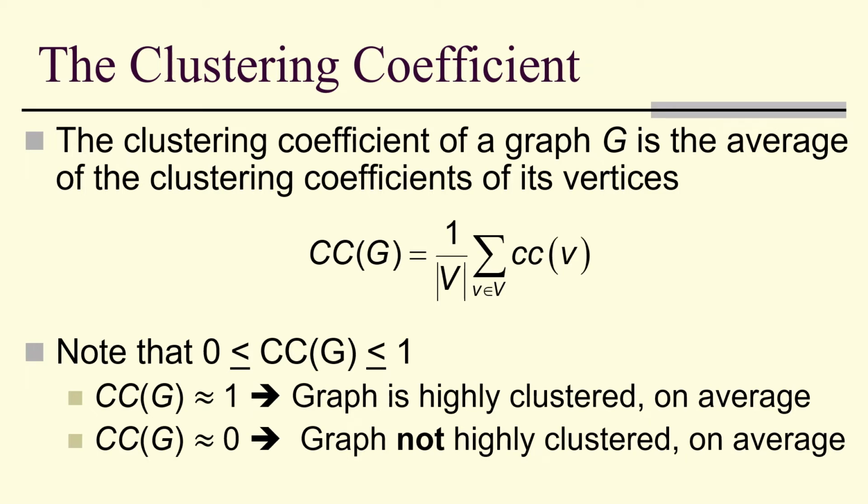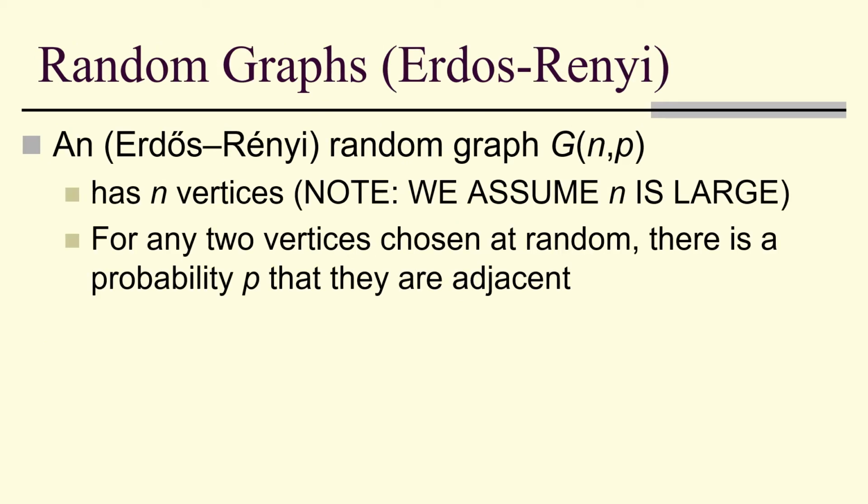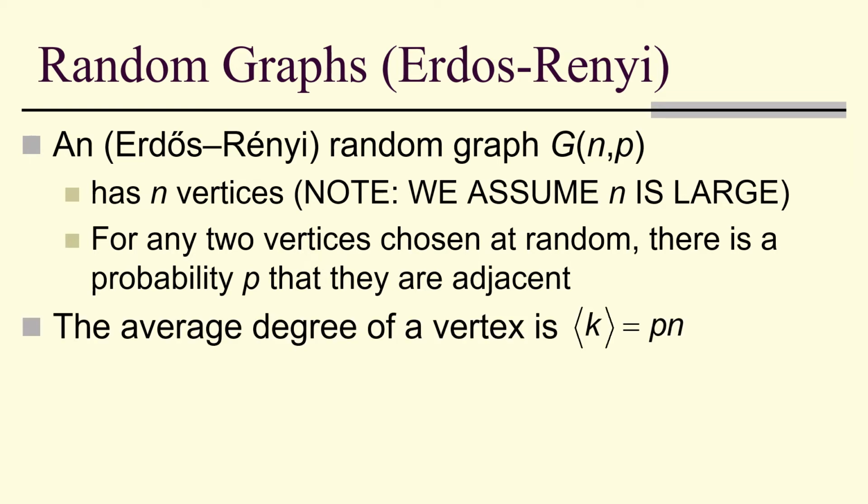It's low clustering. So let's look at this for what's called a random graph. You take n vertices, n here is large, and with probability p, any 2 vertices chosen at random are adjacent. But that means that the average degree of a vertex is p, that probability, times n.